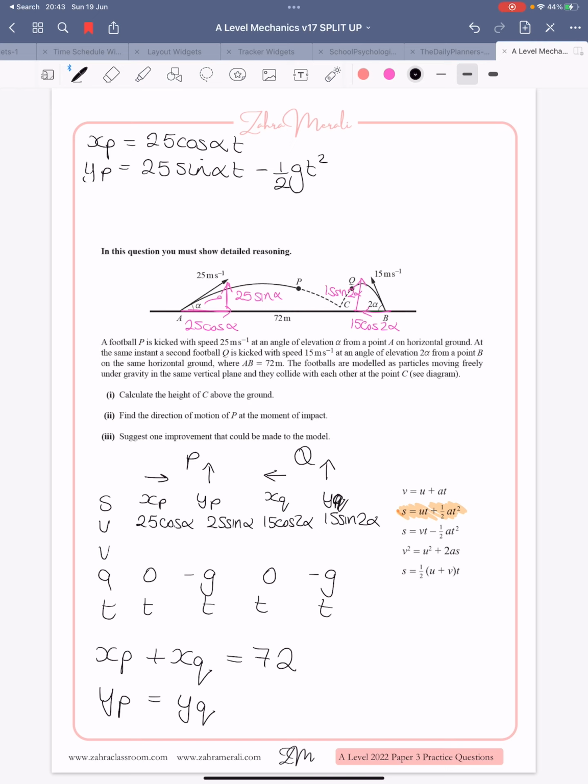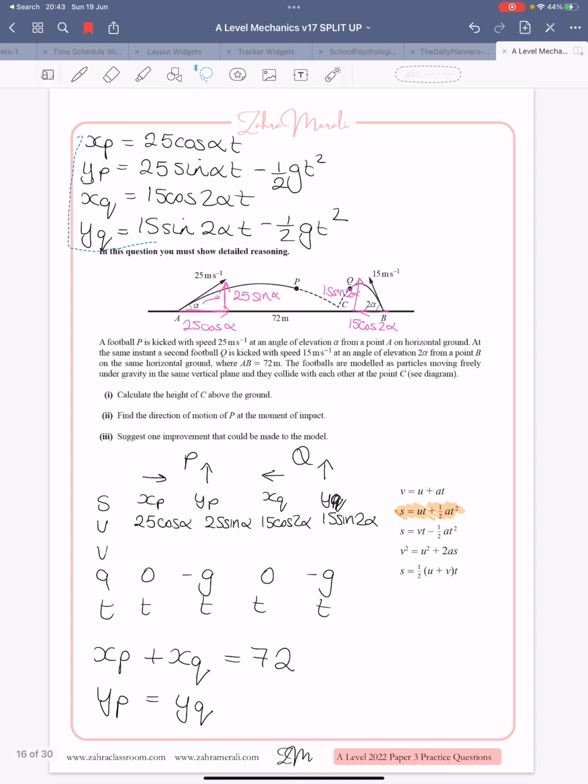XQ is going to be 15 cos 2 alpha t, and YQ is going to be 15 sine 2 alpha t minus a half gt squared. So now we're going to take those equations and we're going to put them into these formulas. So if we take those over to the other page, we can do that.